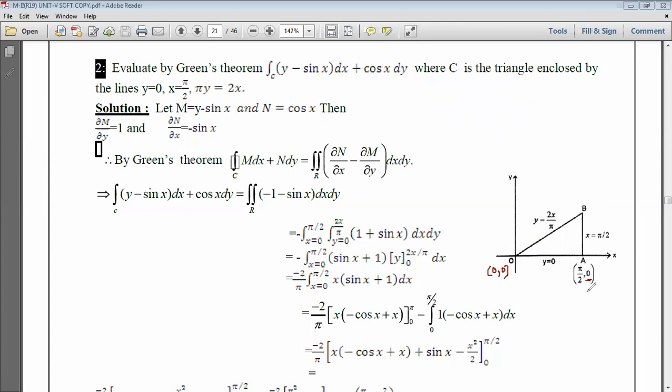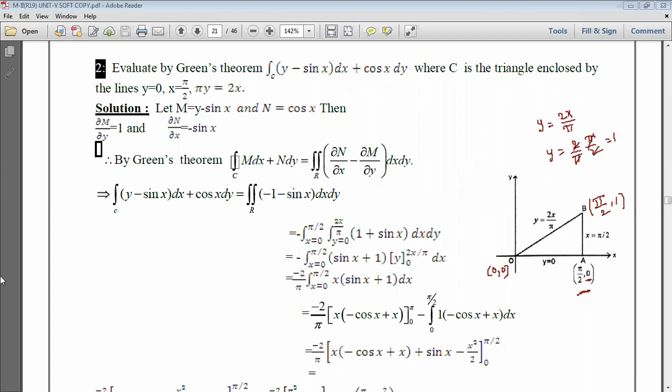So pi by 2 comma 0. And next, what about the point pi by 2 comma y? Here y is equal to 2x by pi. If you substitute x as pi by 2, simply we get 2 by pi into pi by 2. Here pi cancels, 2 cancels, y equals 1. So the intersecting point is pi by 2 comma 1.